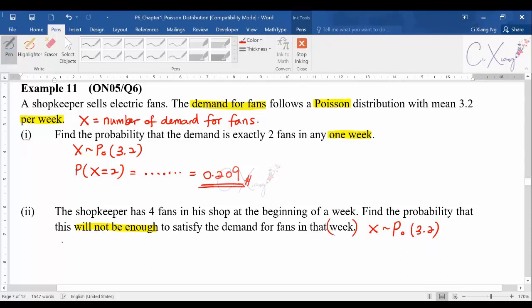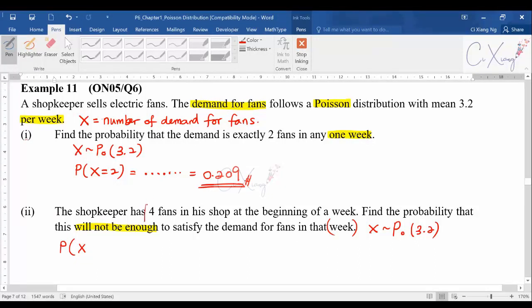Now my question is, how can you write out the correct symbol? What do they want for this one? I give you maybe 30 seconds or 1 minute to think about it. How should you do that? Any idea?